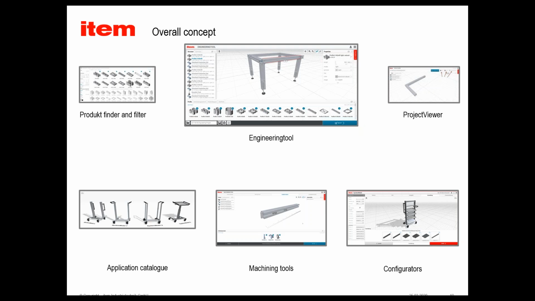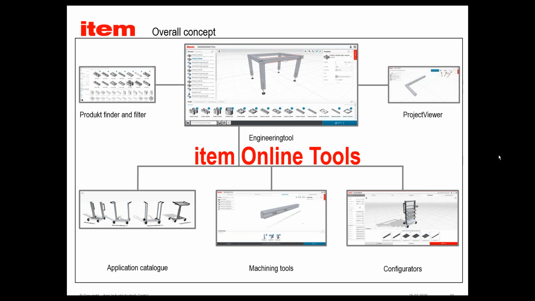You can reopen your design for assembling or for changing all of this. And all of these pieces here together, they are our item online tools. It's like our physical products. It's a building kit system of different tools and different applications which perfectly fit together and work hand in hand.